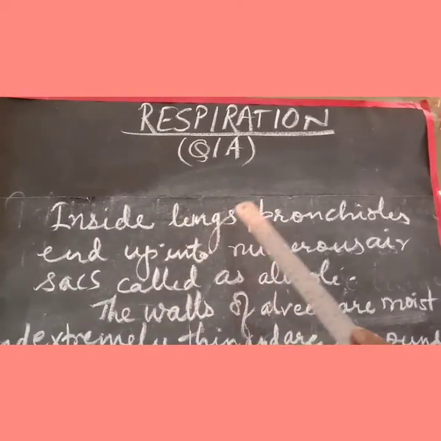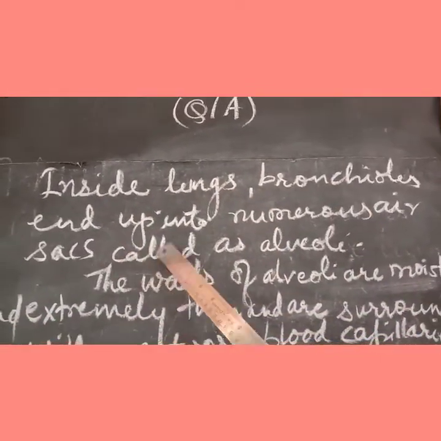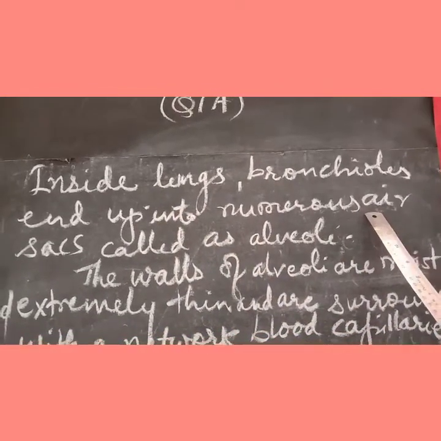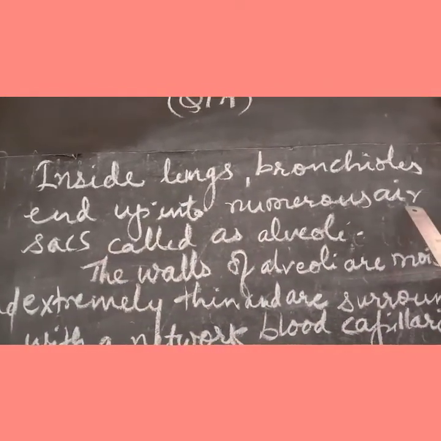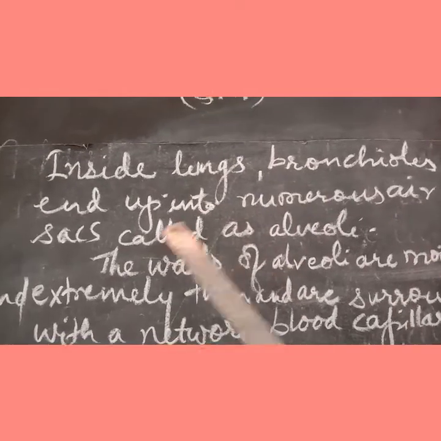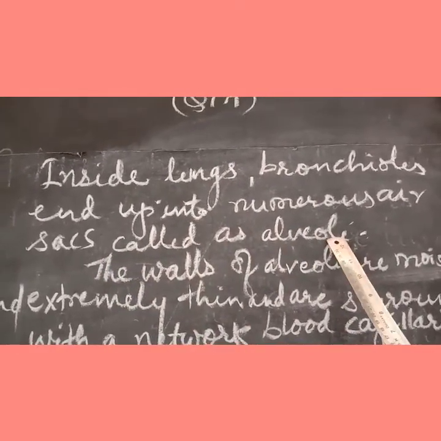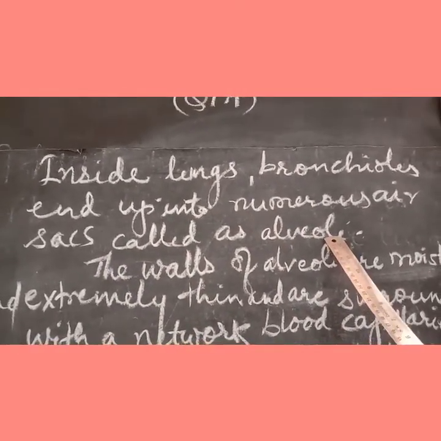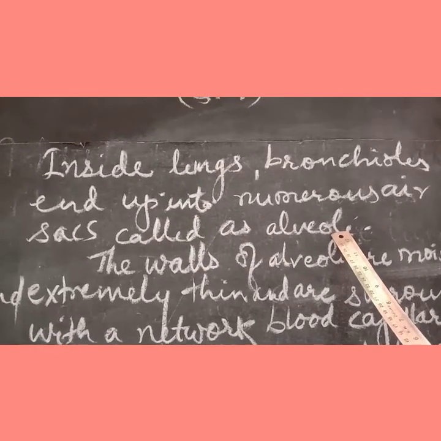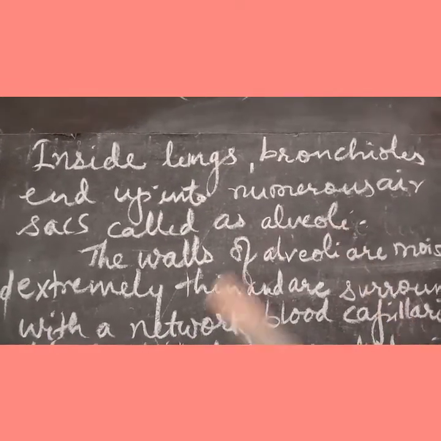Inside the lungs, bronchioles end up in numerous bag-like structures, that is the air sacs called alveoli. Children, lungs contain millions of alveoli.